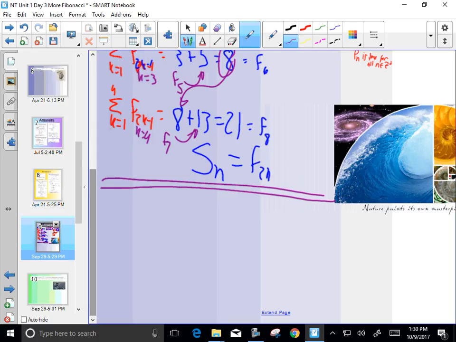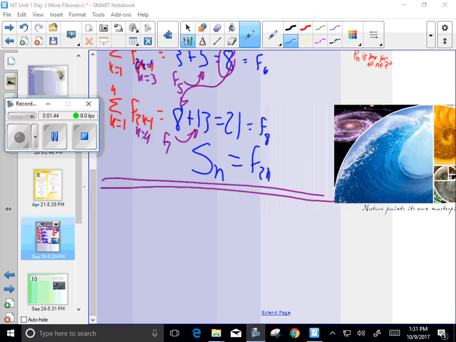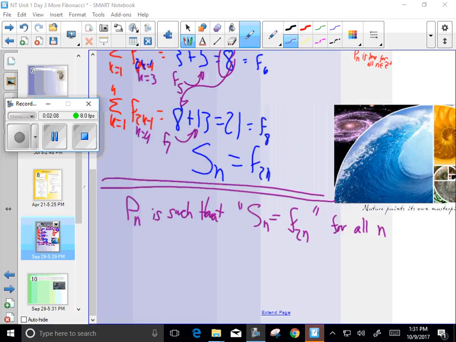So let's see, this is problem number 6. So we start with P of n is such that S of n equals f of 2n. That's what we're trying to prove, for all n an element of the positive integers.